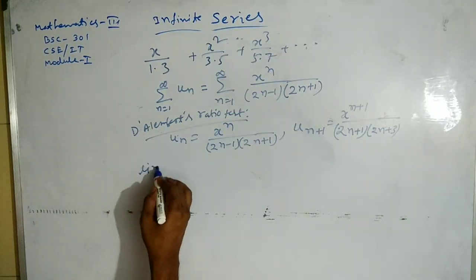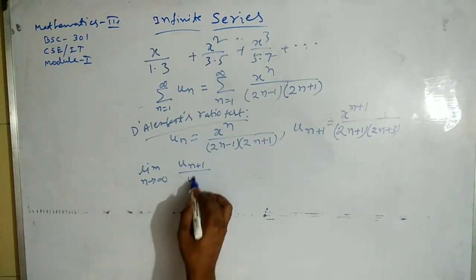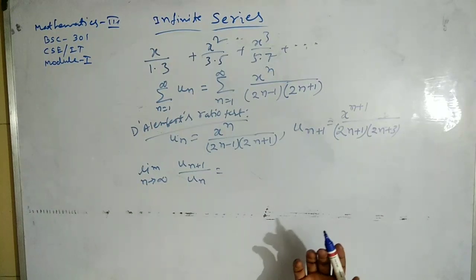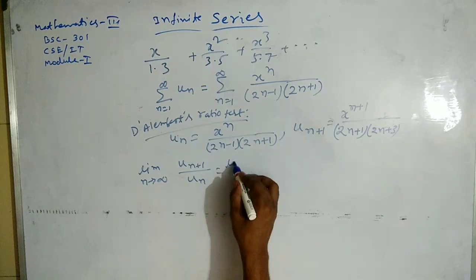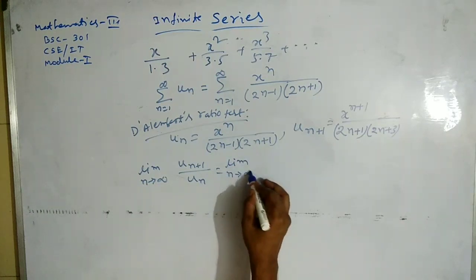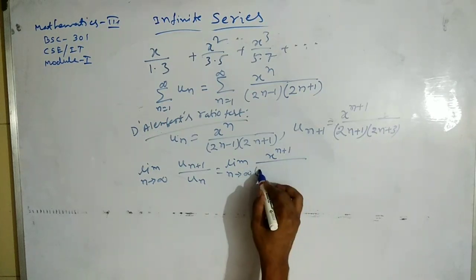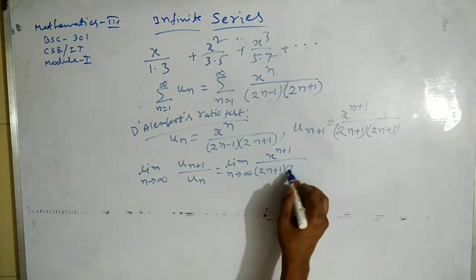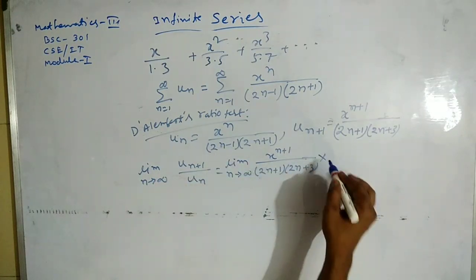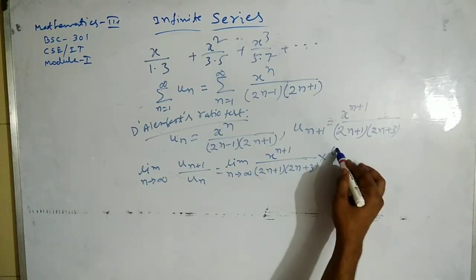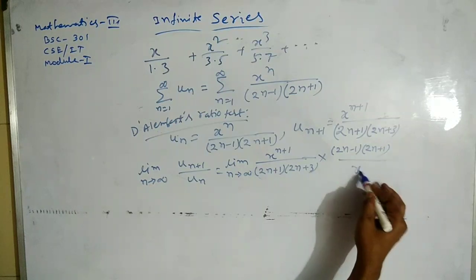Now we have to find the limit n tends to infinity un plus 1 by un. Now we will put the values of un plus 1 and un here. So this will be limit n tends to infinity, un plus 1 is x to the power n plus 1 by (2n plus 1) into (2n plus 3), by un, that is into (2n minus 1) into (2n plus 1) by x to the power n.